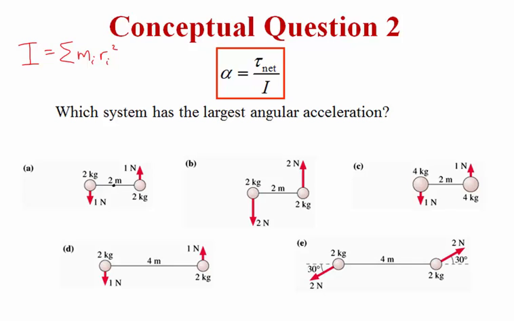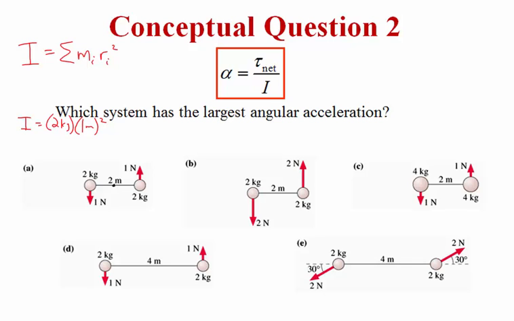So in case A, we have two 2-kilogram objects, so the rotational inertia for the left-hand side is going to be its mass, 2 kilograms, times the distance from the axis of rotation. And if the rod is 2 meters long and it's rotating around its center, then that distance is 1 meter squared.